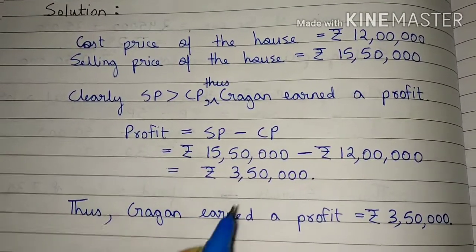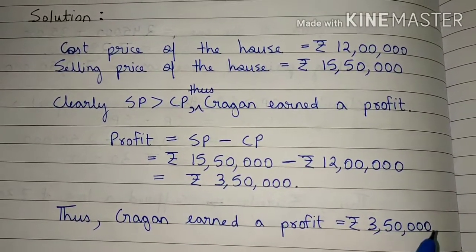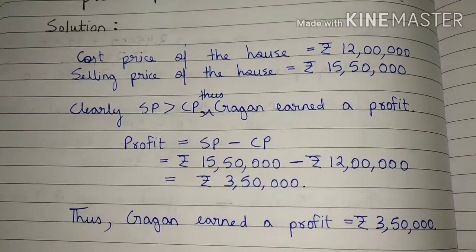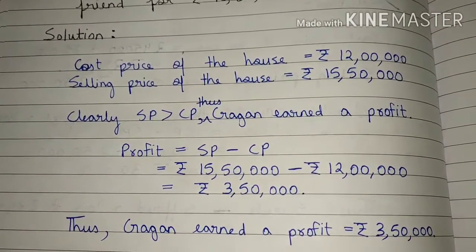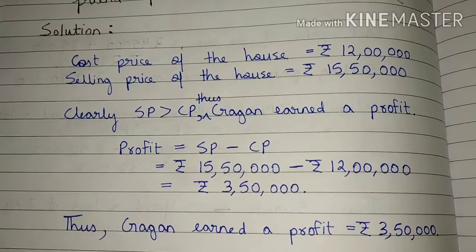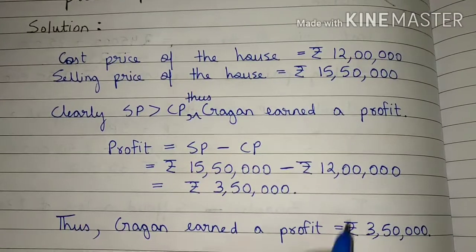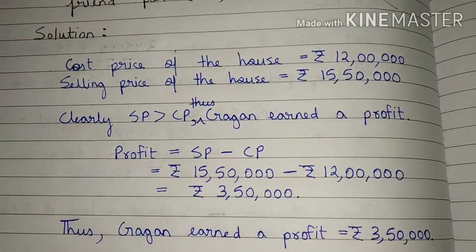Thus, Gagan earned a profit of rupees 3 lakh 50,000. It means when Gagan sold the same house to his friend, he earned a profit of rupees 3 lakh 50,000.